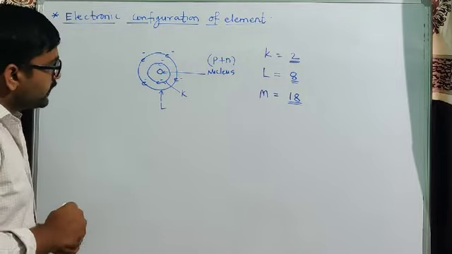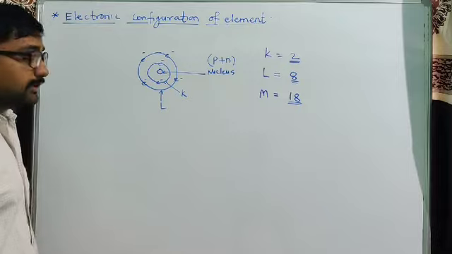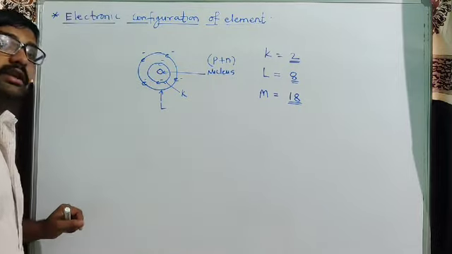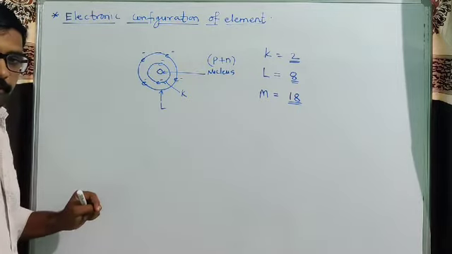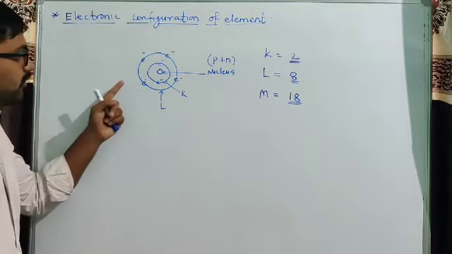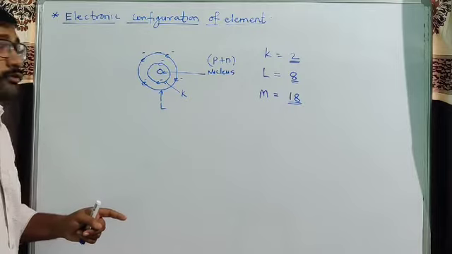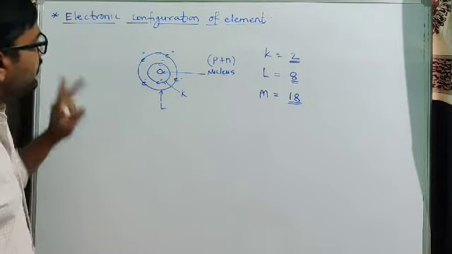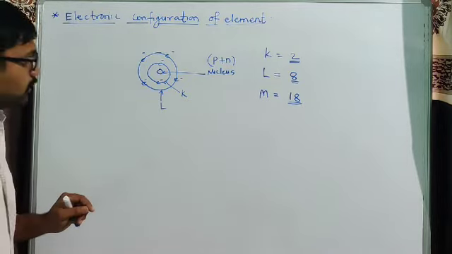Now if we try to study these electrons, one thing we will find is their arrangement. Look here, all electrons do not stay or move randomly. There is a certain path or certain space in which particular electrons move.